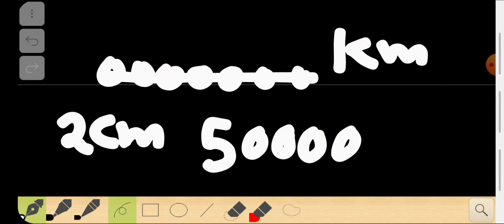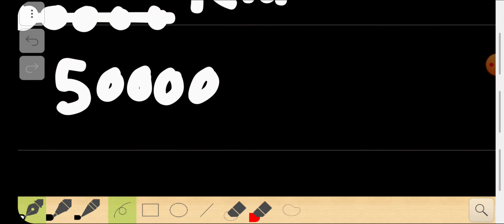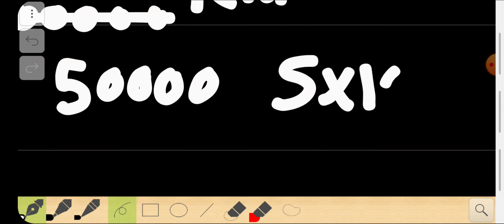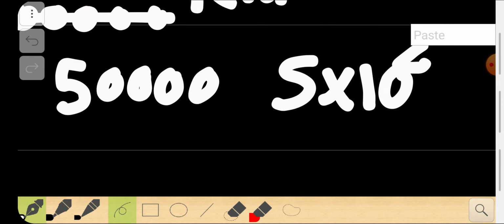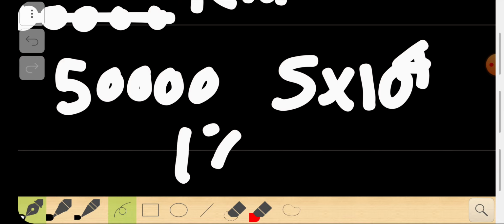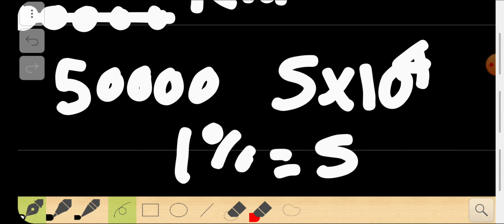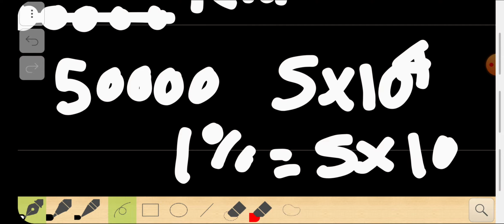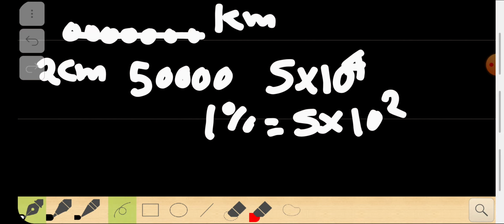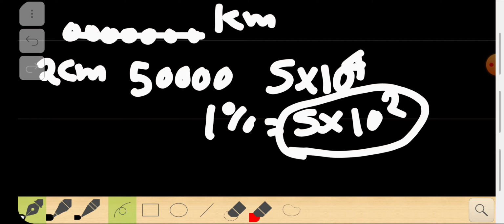So 50,000 coins, that is 5 times 10 to the power 4. The 1 percentage of 5 times 10 to the power 4 is 5 times 10 to the power 2. That's 500. So even 500 is okay for you.